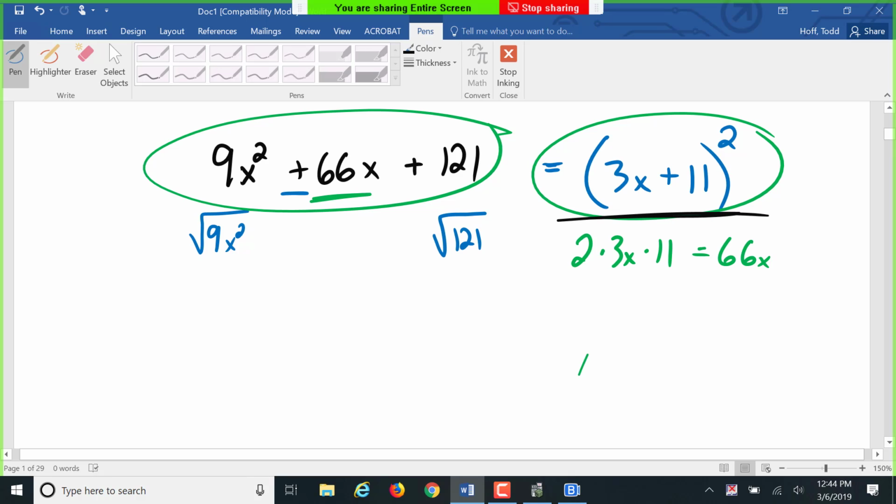How many of you had the 3x plus 11 squared? How many of you just needed a couple more minutes? Okay. I'll have you try one more here. Try that one.